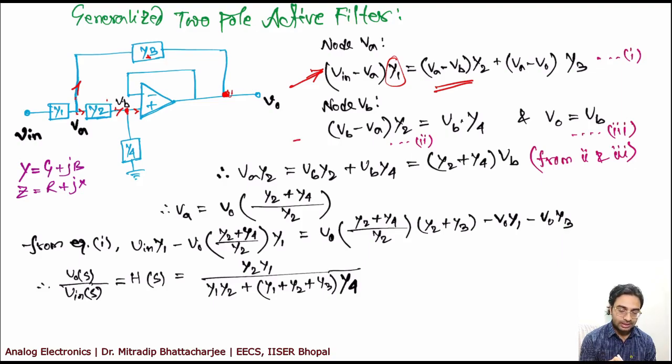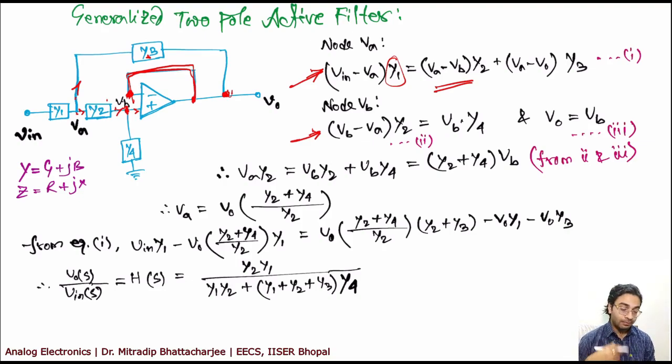So you have the second expression, and your third expression is VB equal to V0 because you have a voltage follower sitting. So this is V0, that means this one is also V0. Now as I have discussed previously, V minus is equal to V plus in case of an op-amp. So if this part is V0, your VB also will be V0.